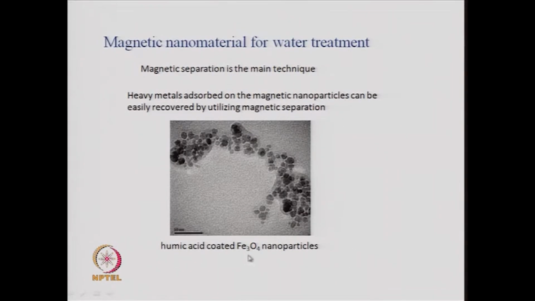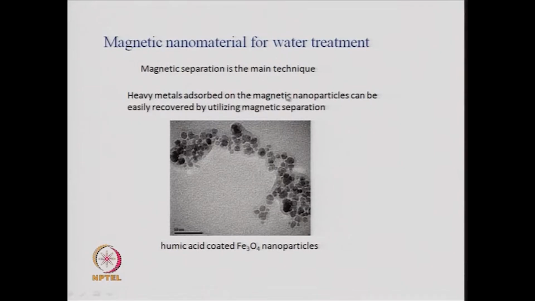So, say you use magnetic nanoparticles like iron oxide, and you use humic acid, which is available from natural sources, and humic acid is coated onto iron oxide nanoparticles. So, you have iron oxide nanoparticles, and on top of that you put humic acid, and then you put it in a solution which has some pollutants.